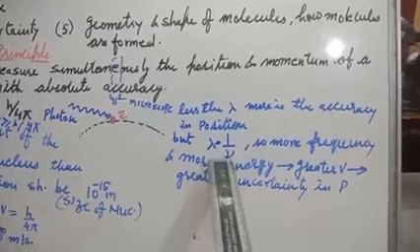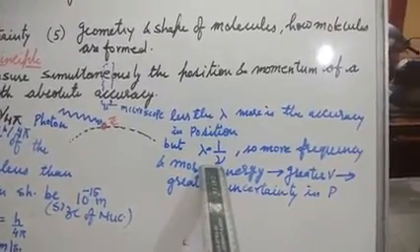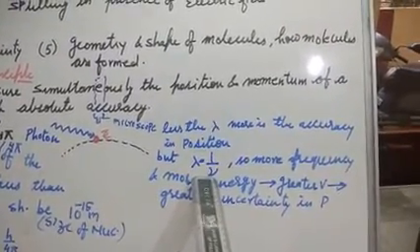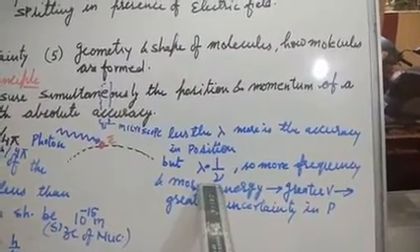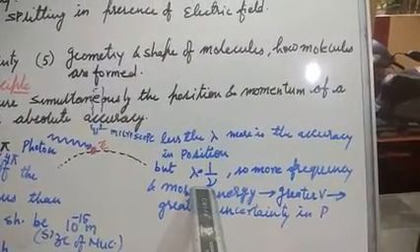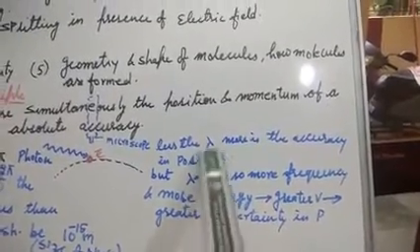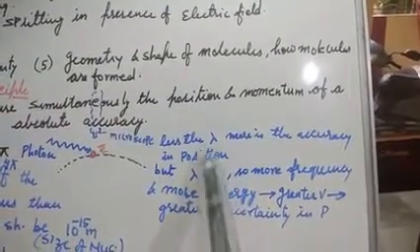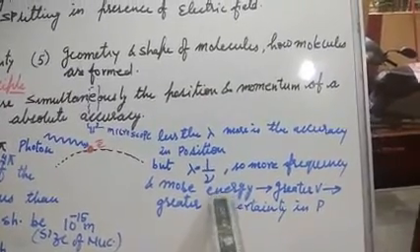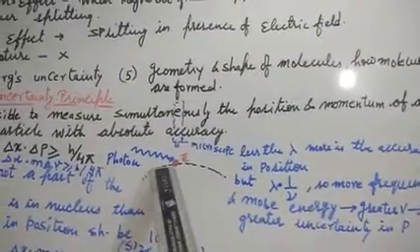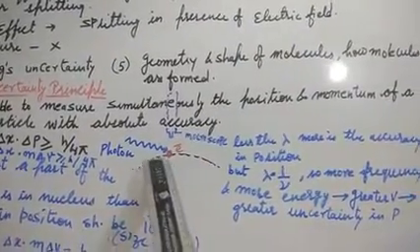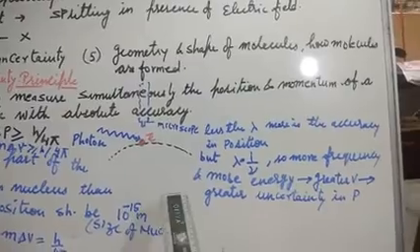And if frequency is more, energy will also be more, because energy is directly proportional to frequency. E is equal to h nu, we have done. So the light we take has less wavelength, but it is associated with more energy. As that energy radiation strikes the electron, its velocity will change.